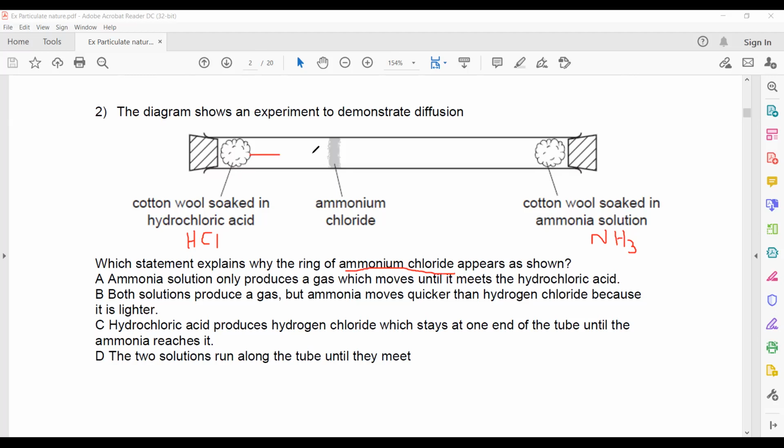So when HCl mixes with NH3, it forms the compound ammonium chloride. Mass of HCl is 36.5 and mass of ammonia is 17. So which statement is correct? What is the right answer for question 2?